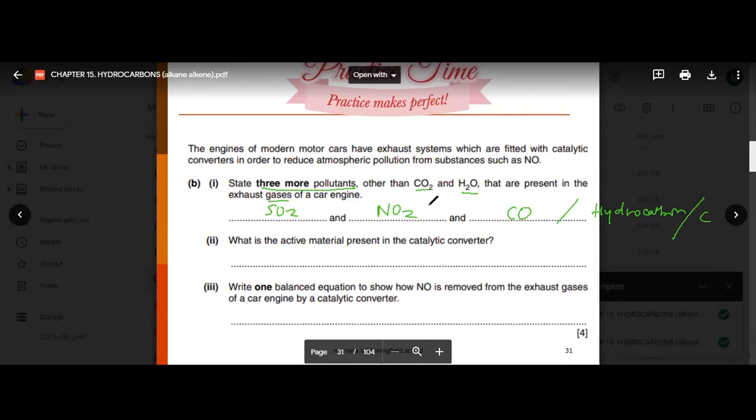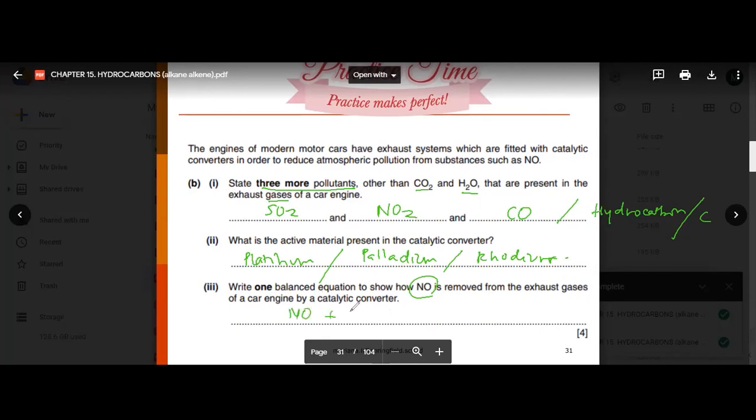What is the active material present in the catalytic converter? It is platinum or palladium or rhodium. Write one balanced equation to show how NO is removed from the exhaust gases of a car engine by the catalytic converter.